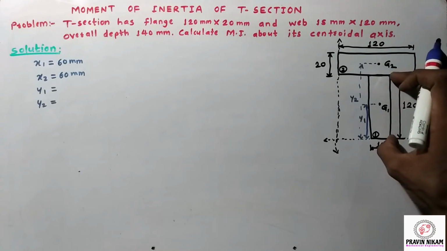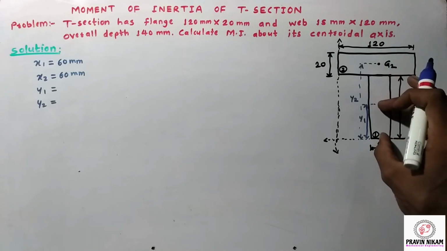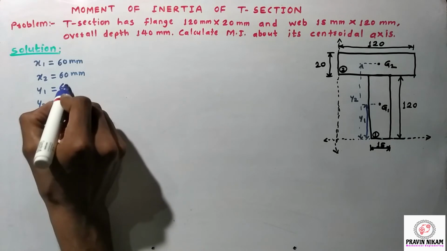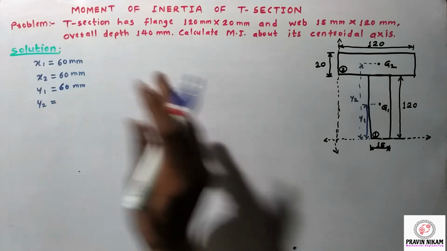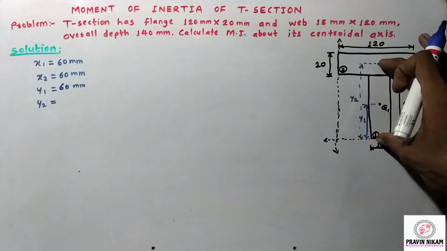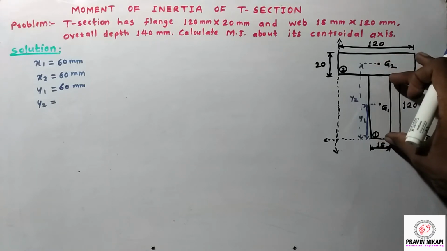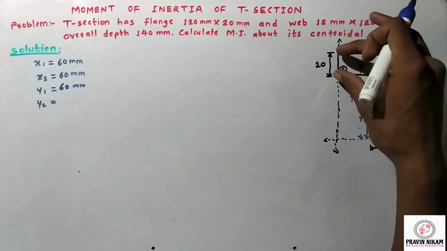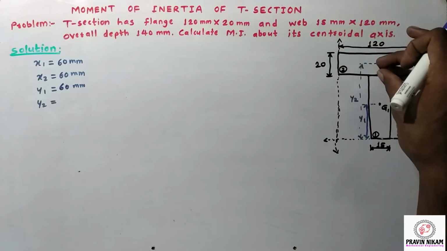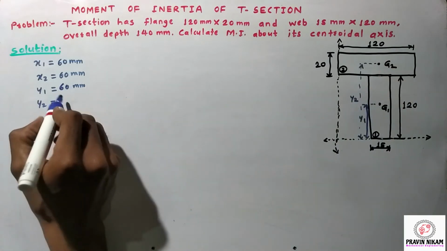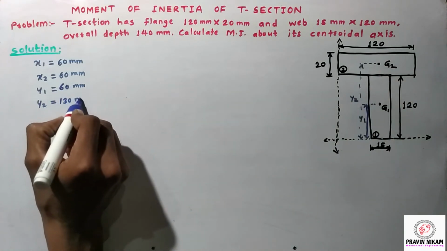This total is 120, half is 60, so y1 is 60 mm. And y2 is 120 plus half of 20, that is 10, so 130 mm.